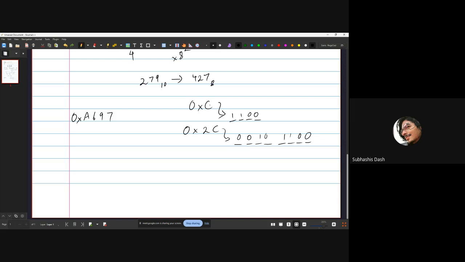So what I want you guys to notice is how this part is the same as this part. One interesting thing about hexadecimal is that every digit corresponds to exactly 4 bits, or 4 places, in the binary notation.